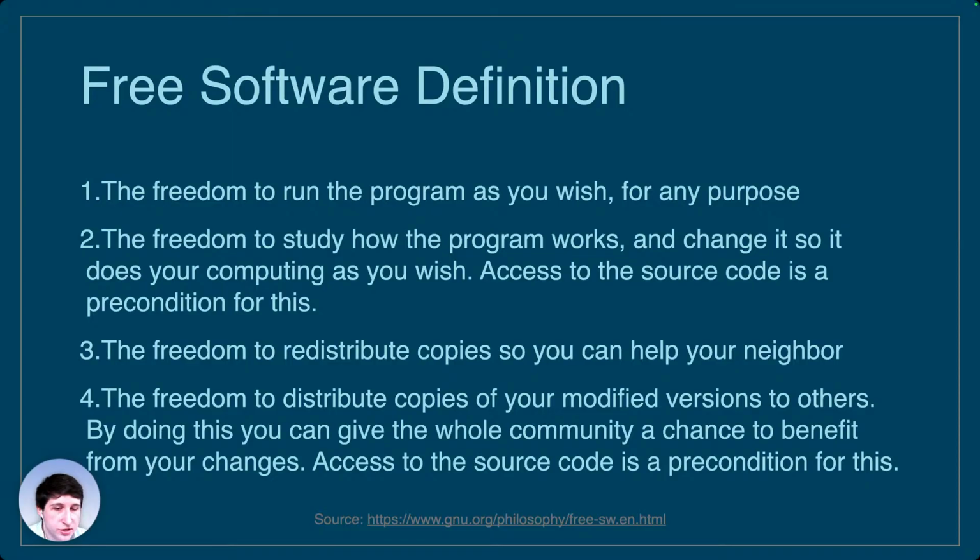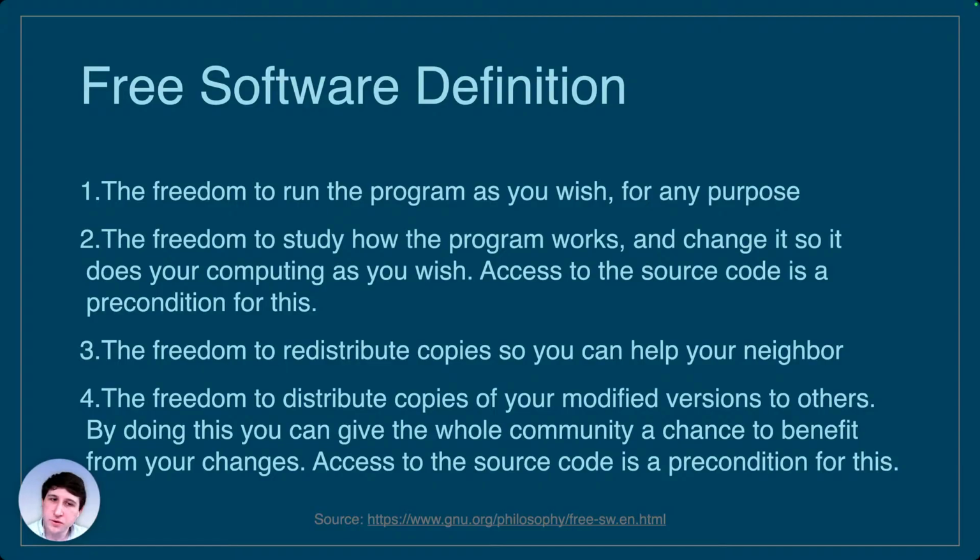Now, like I mentioned, the free software movement started in the early 1980s. They developed the GPL license by the late 1980s, and it's gone through several revisions. We're up to GPL 3 right now. There was a GPL 1 and a GPL 2. And any license that has these four freedoms, the Free Software Foundation, sometimes abbreviated as the FSF, may put a stamp of approval on and say this is an official free software license.